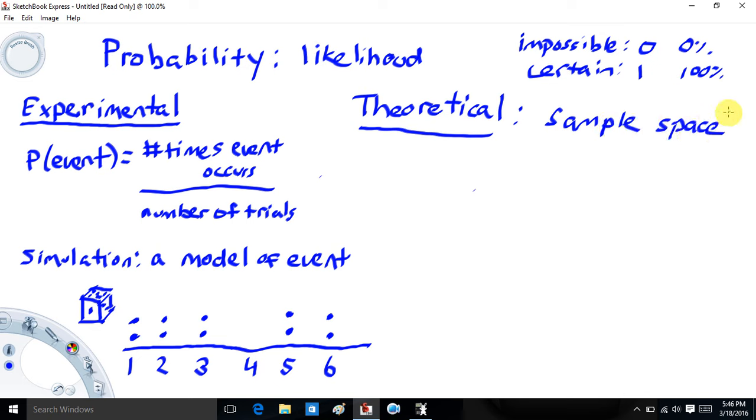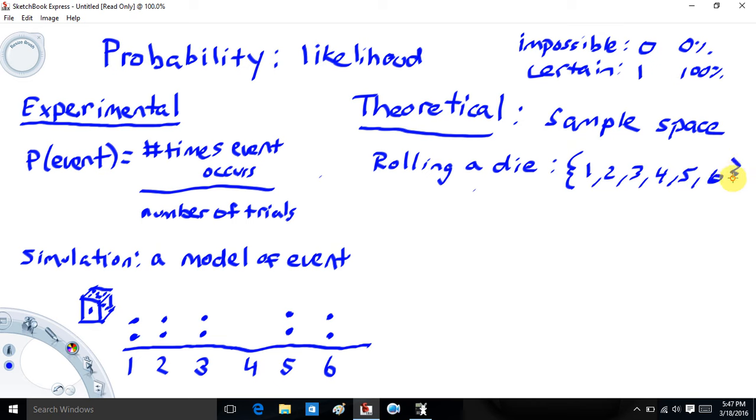Okay, so in our example of rolling a die, the following is the sample space. It's the set of all possible outcomes. So we can have a 1, a 2, a 3, a 4, a 5, or a 6. So sample space is the set of possible outcomes.